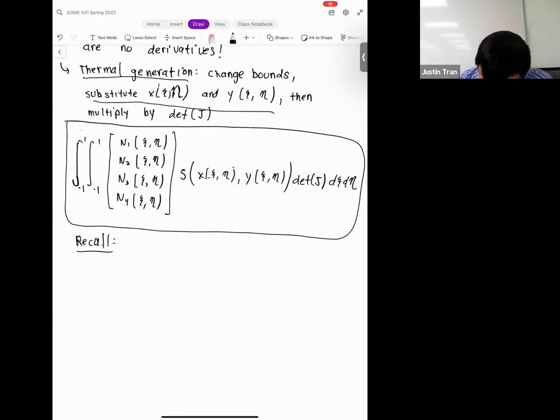And so x of epsilon and eta is equal to x1 N1 of epsilon and eta, plus x2 N2 of epsilon and eta, plus x3 N3.